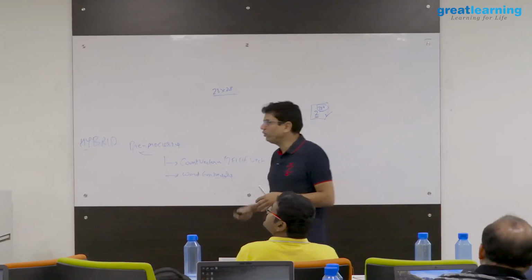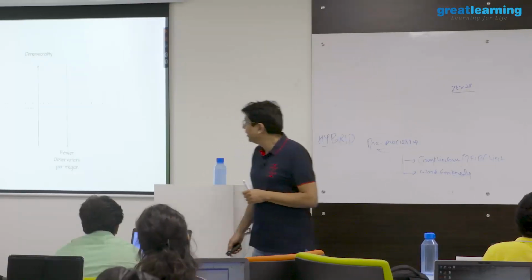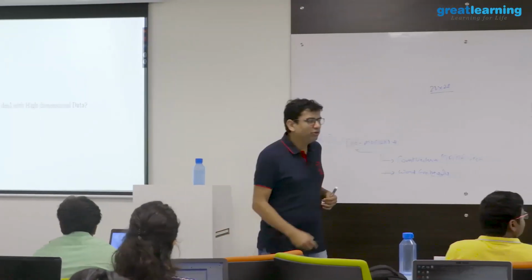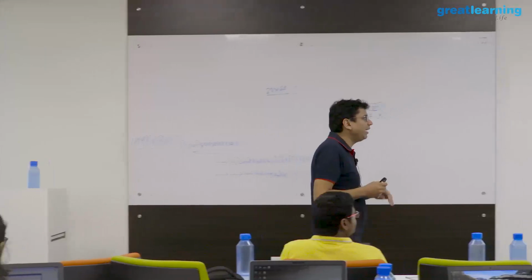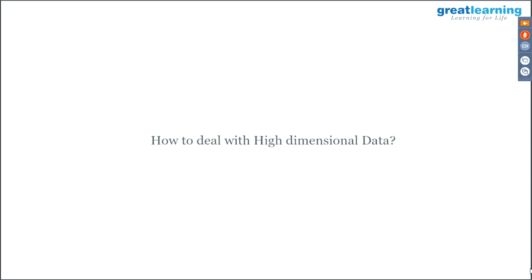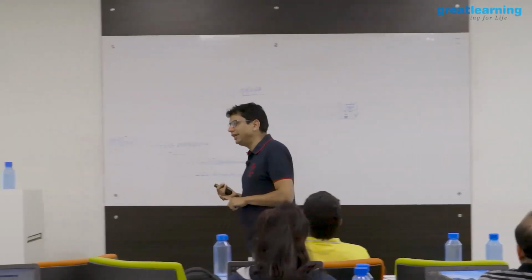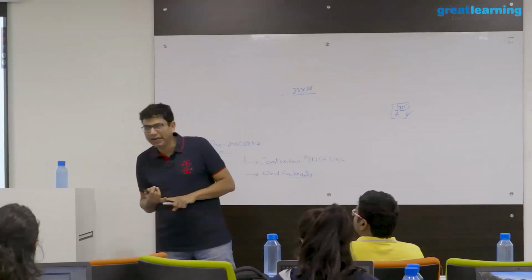So what we want to do is deal with higher dimensional data, and make sure we understand why we want to deal with it. One thing is, we want to, first of all, be able to visualize it. Second, we want to work with the true dimensionality of the data, not really the observed dimensionality.